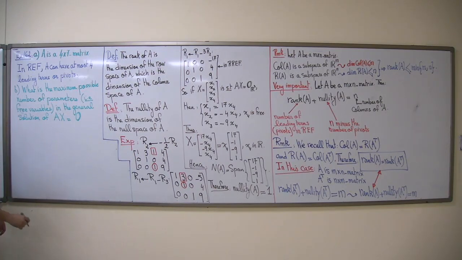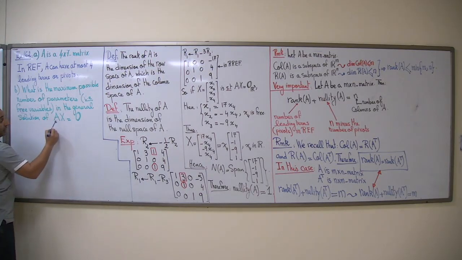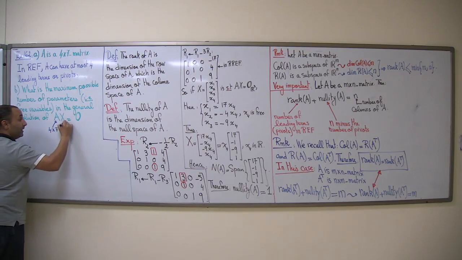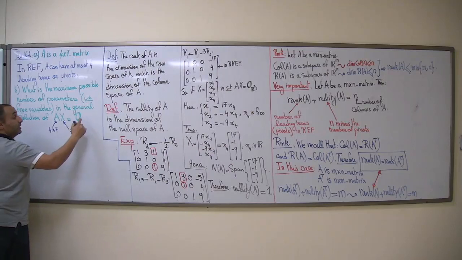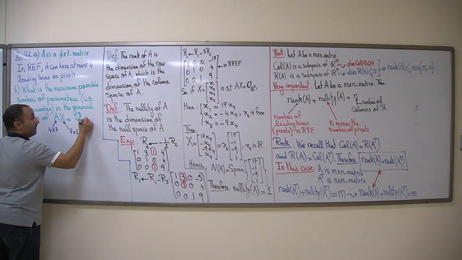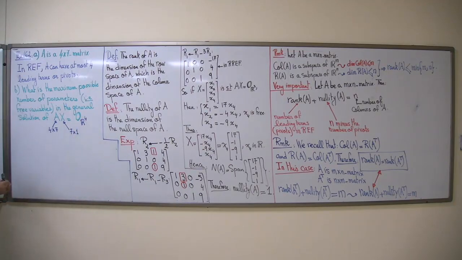A is 4 by 7. That means the X, your X, is 7 by 1. And this 0 is the 0 of R4.